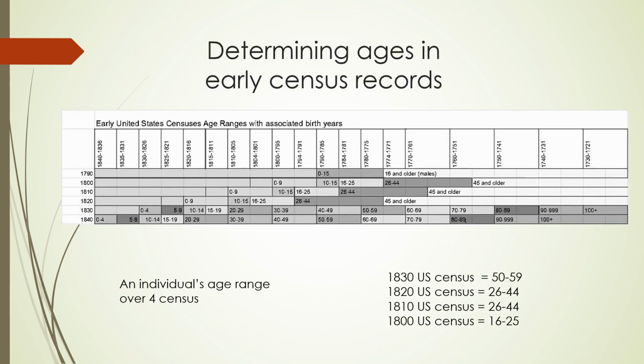Using a worksheet like this one can be extremely helpful in narrowing the age range of individuals in census records. As an example, let's say you found an individual in 4 censuses with the age ranges listed here on the screen.